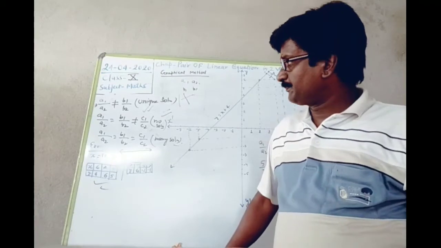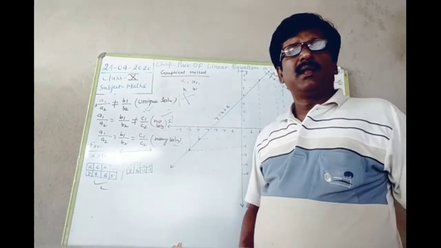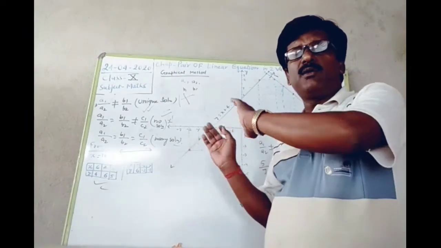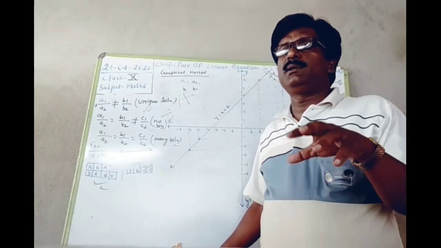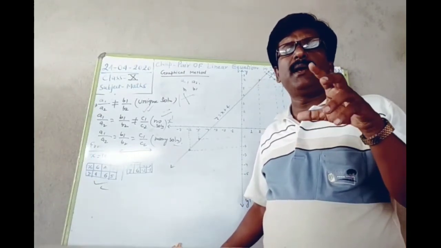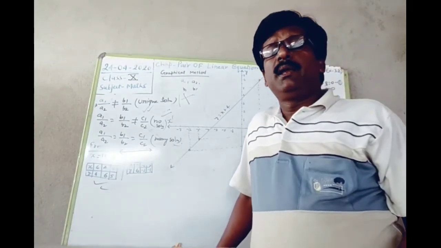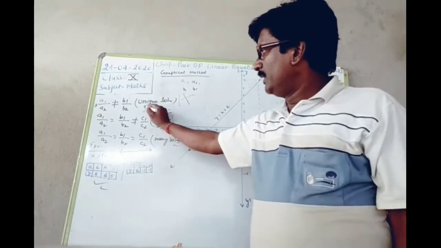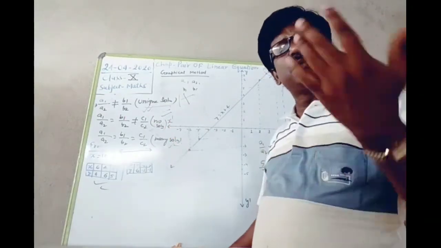This we know already, and now suppose the question is about consistent and inconsistent. In the previous class I already discussed that a system of a pair of linear equations in two variables is said to be consistent if it has at least one solution. A unique solution is one solution, and many solutions is more than one solution.